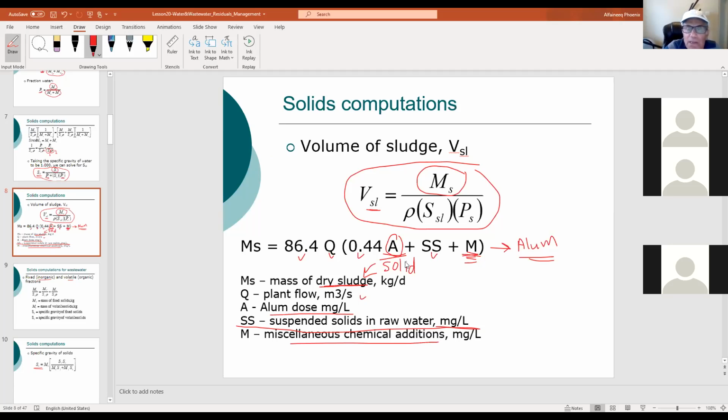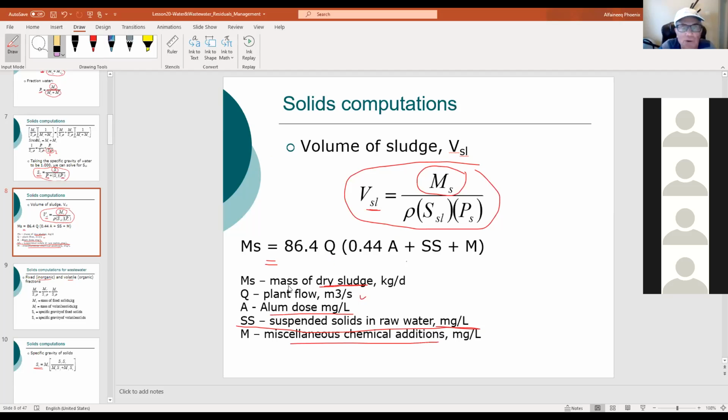Let's put the numbers here, maybe easier, and make the calculations to find MS, the mass of solids produced in that coagulation basin, because we added alum. How much is Q? 0.5.